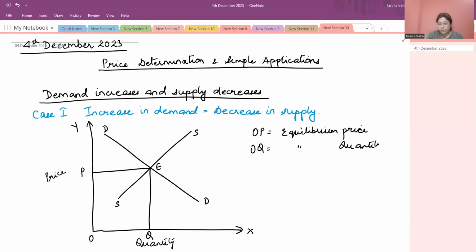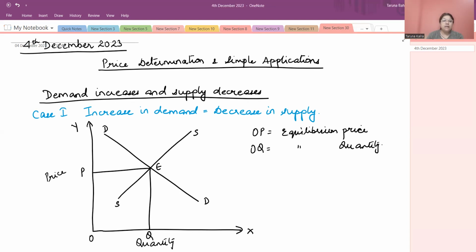Now we are going to see what the effect of an increase in demand and a proportionate decrease in supply is, and how the equilibrium quantity and price will be affected.